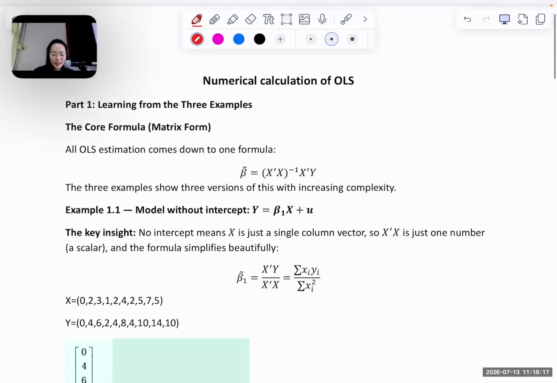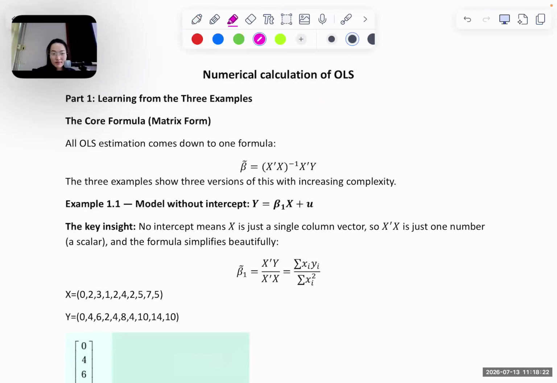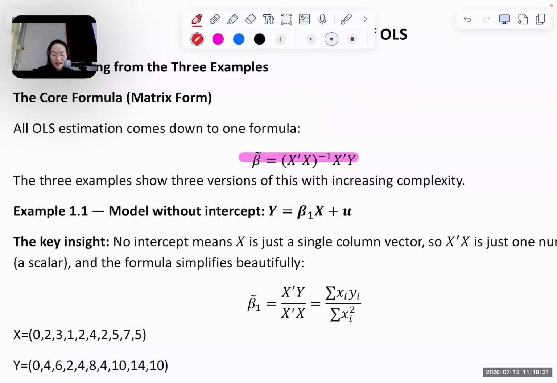With matrix, the good news is that there's only one formula. Here I use tilde, so let's go back to beta hat.